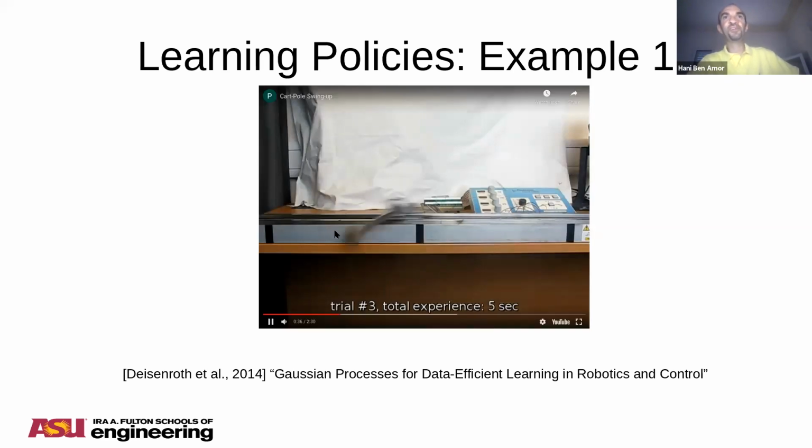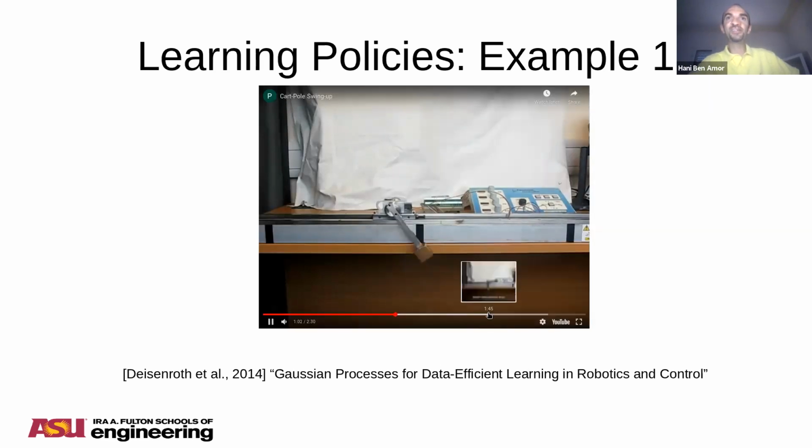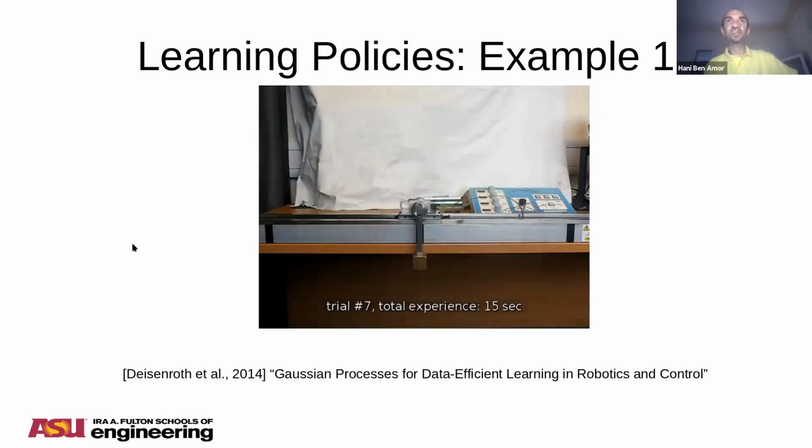And so after a couple of seconds, it tries something else. So it's still failing. After a couple more seconds, it overswings. And then, well, eventually it gets really good at this. Eventually, it tries out some function, and it's stabilizing it.